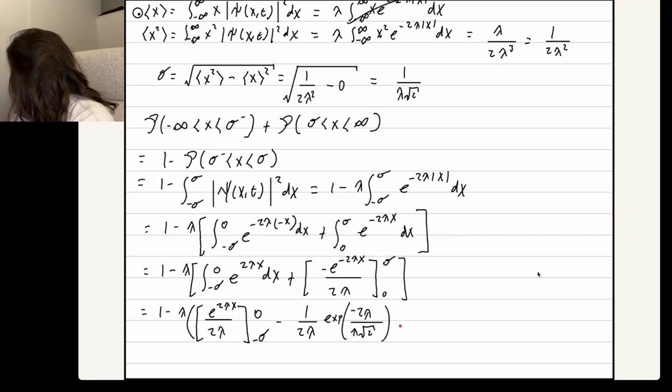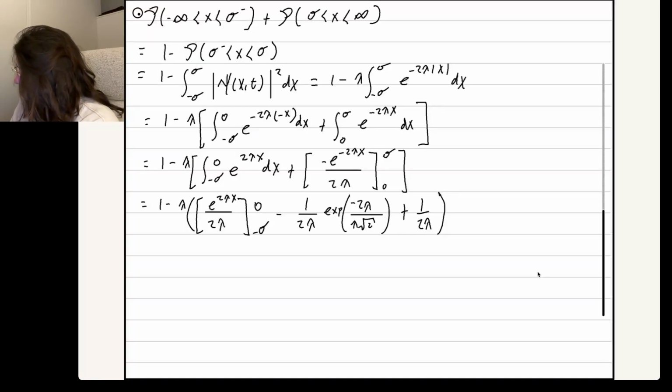And then the exponent of 0 is just 1. So you have plus 1 over 2 lambda. Just keep on trucking. We have an exponent raised to 0, so that's just 1 over 2 lambda.